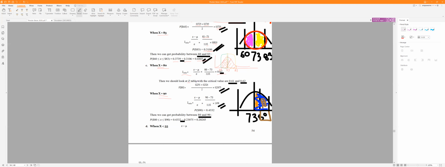So look at the Z table with the critical values between 0.61 and 0.62. Why? Because the Z value is 0.6167, which is between 0.61 and 0.62. That's why you have to get these two values and then find the middle point. Okay, you've already done it. That's the probability for 80.